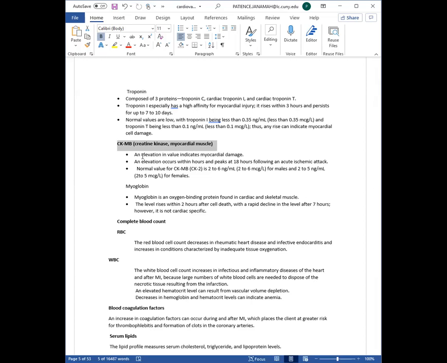Like, which one would you do first? You would do the CKMB over the troponin. You will do both, but this one you would do first. Yes, this one is what they use more for MI. You are more concerned with this one with MI than troponin.